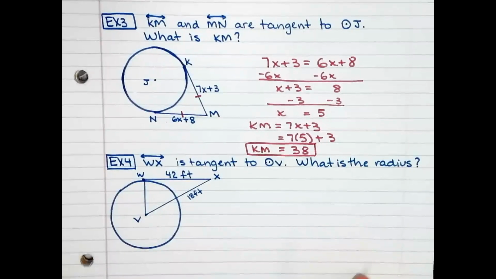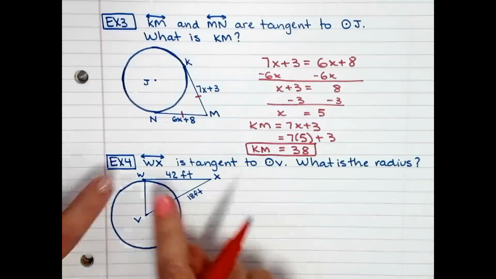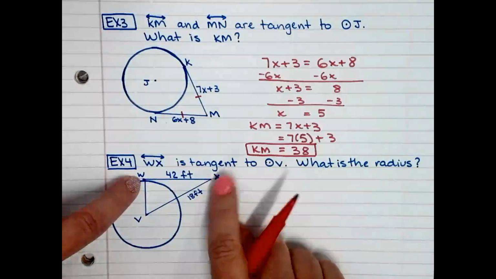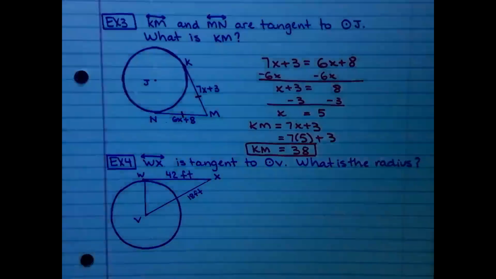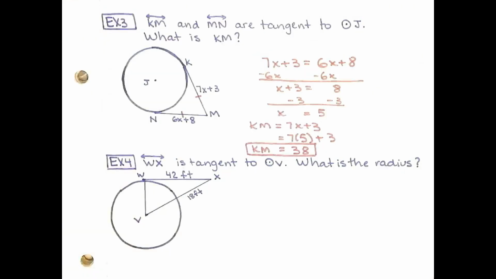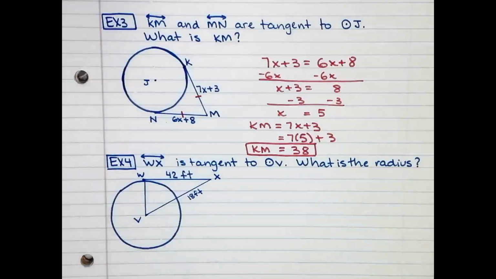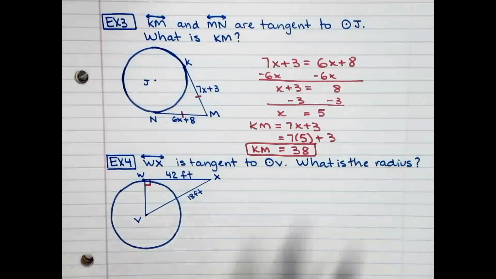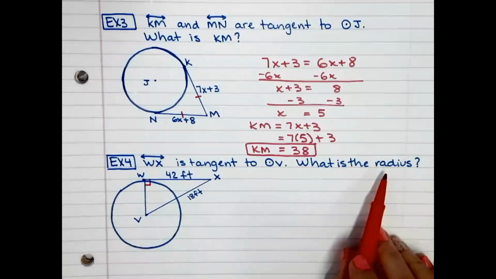Last one. We have line WX tangent to circle V. As soon as I see that tangent, I know 90 degrees right there. What is the radius?